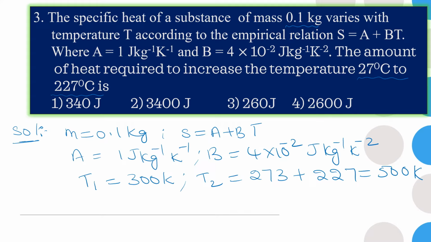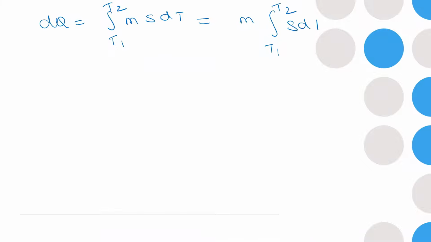Now we have to calculate the amount of heat required. So dQ is equal to integration of dQ is equal to integration from T1 to T2 of ms dT. So that is equal to m times integration from T1 to T2 of s into dT.